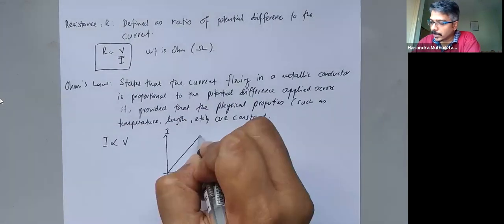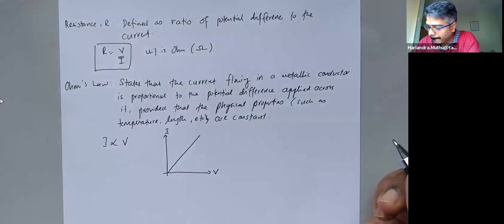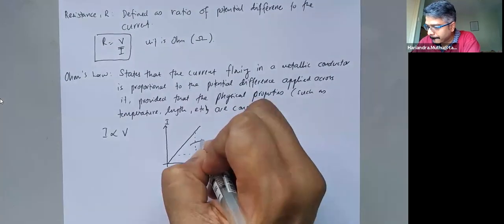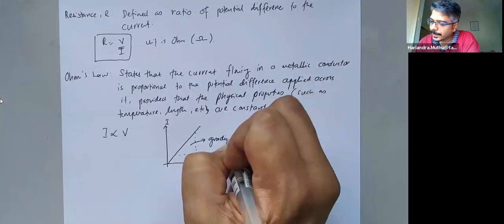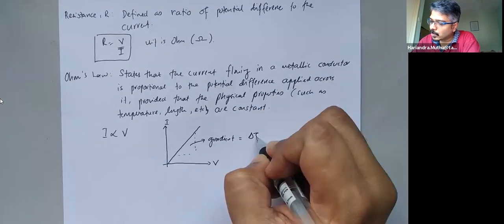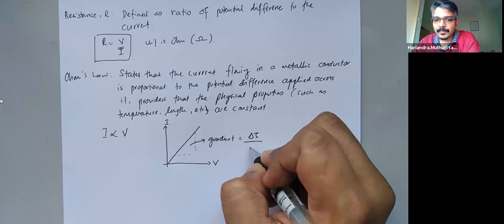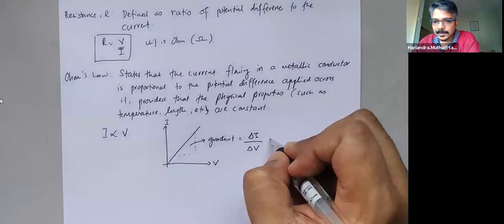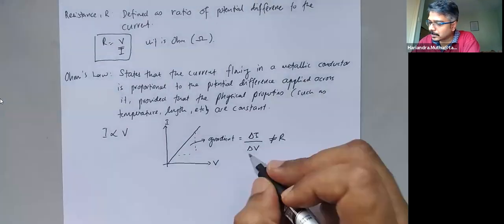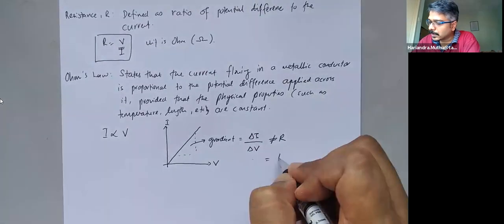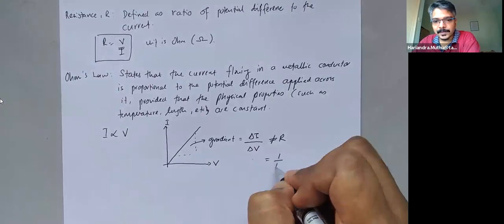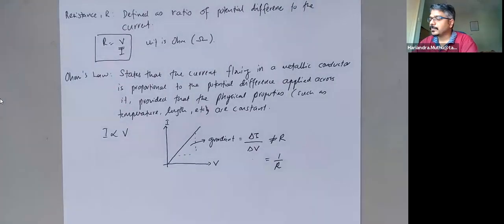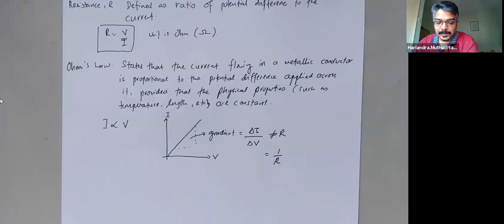Okay, the gradient is the change of I over the change of V, right? Which is not equal to the resistance, but it is equal to the reciprocal of the resistance. Okay, so that's what it means, right?